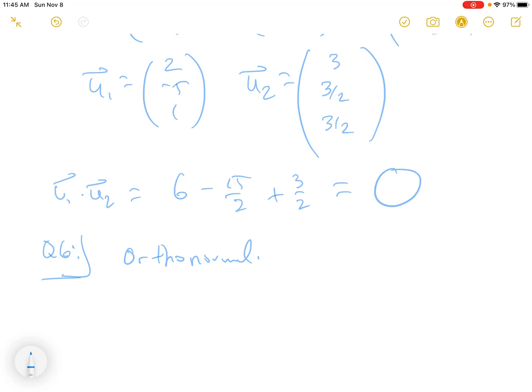We just need to normalize these. So just take U1 over the length of U1 and U2 over the length of U2. I'll let you do that.